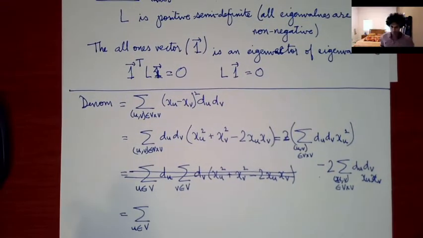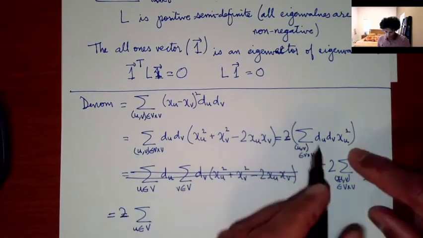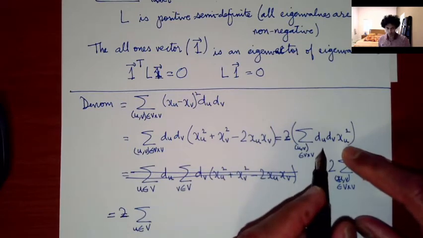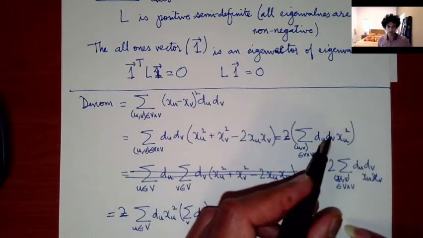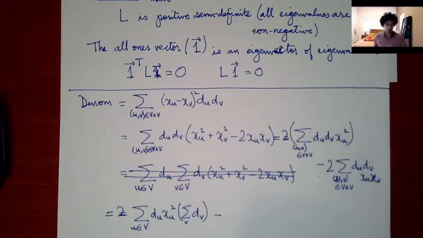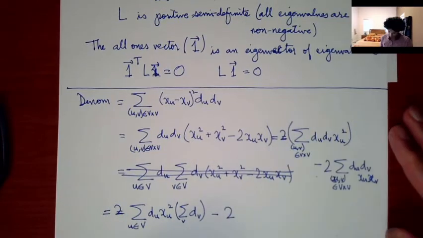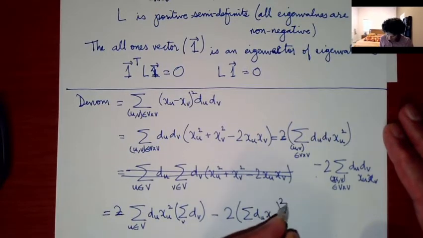So now let me look at that quantity here. I get a 2. Now if I sum over u, I get du xu squared, then I get a sum over all v. The v part comes out. This quantity here, the sum over u, v of du dv xu xv, is basically just a Cartesian product. So I can simply write this as the summation of du xu squared.